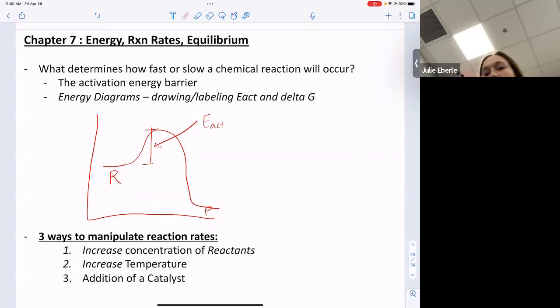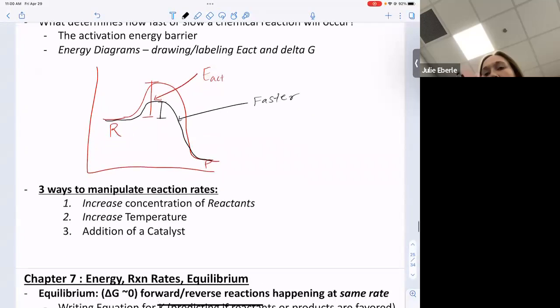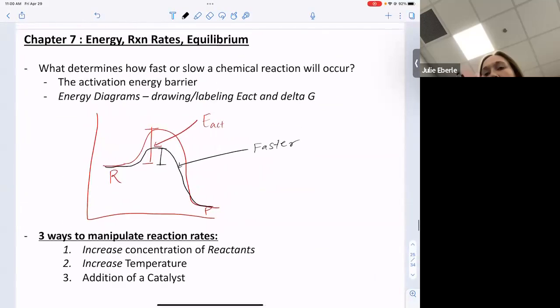But if it's a really low peak, so for example, I could draw another diagram with a smaller activation energy, this one in black would have a lower activation energy. So this reaction would be faster. And in the red, it would be slower.